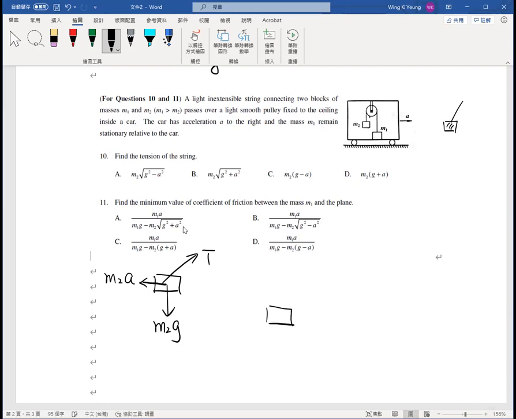And then for M1, there's a tension upwards. It's touching the ground, so there's a normal force. There's a weight. Also, you need to add the inertial force. And of course, M1 is at rest, that means there should also be a friction acting on M1 by the object.